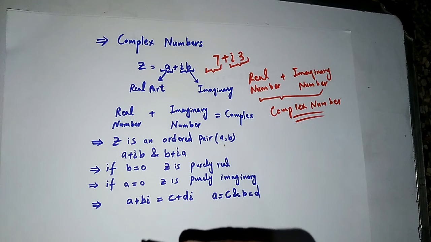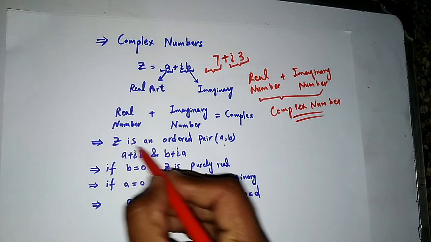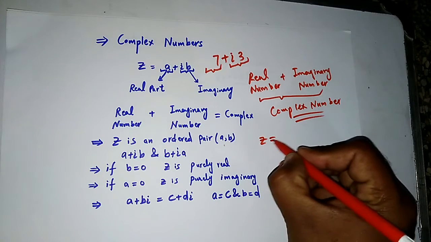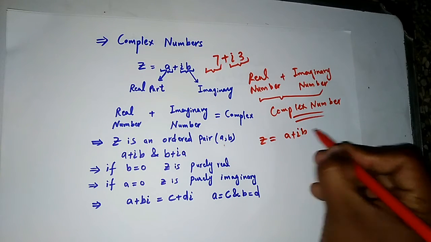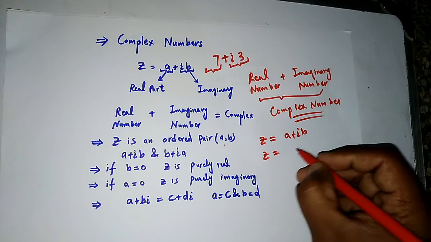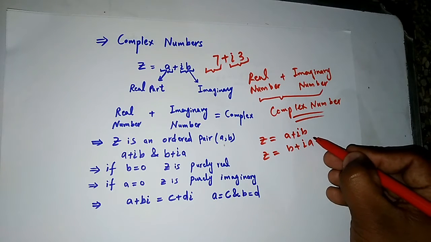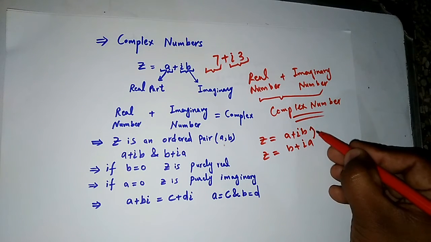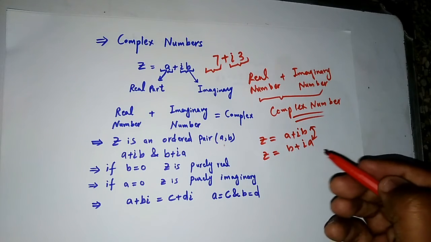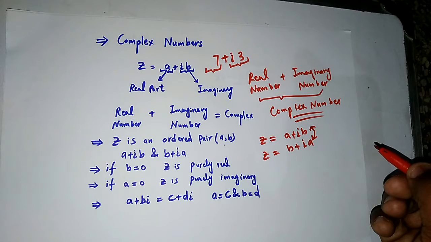And a very important thing which has to be noted is that a complex number is an ordered pair, meaning z is equal to a plus iota b. We cannot write it as z is equal to b plus iota a. These can be equal or cannot be equal, but a plus iota b is not equal to b plus iota a.